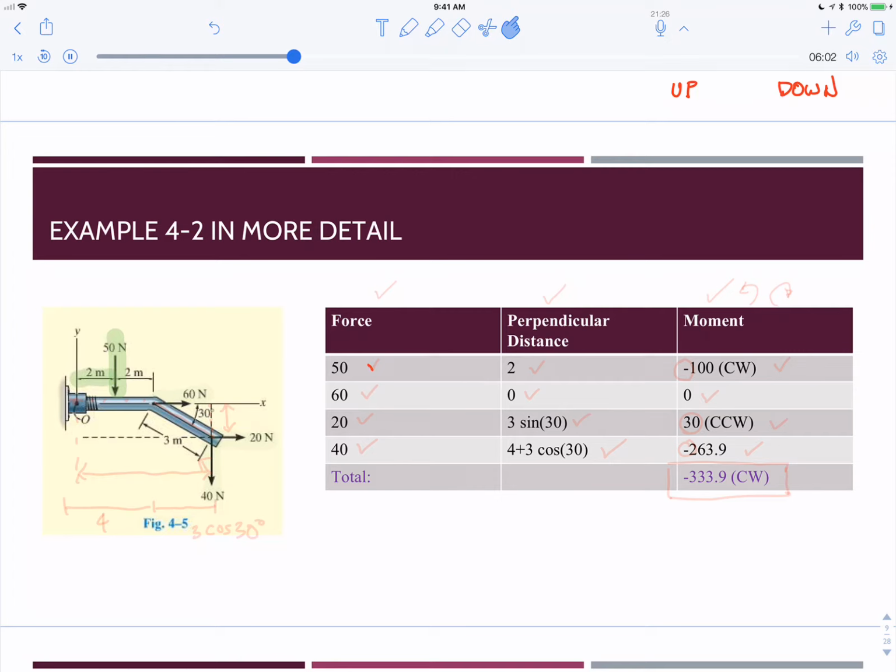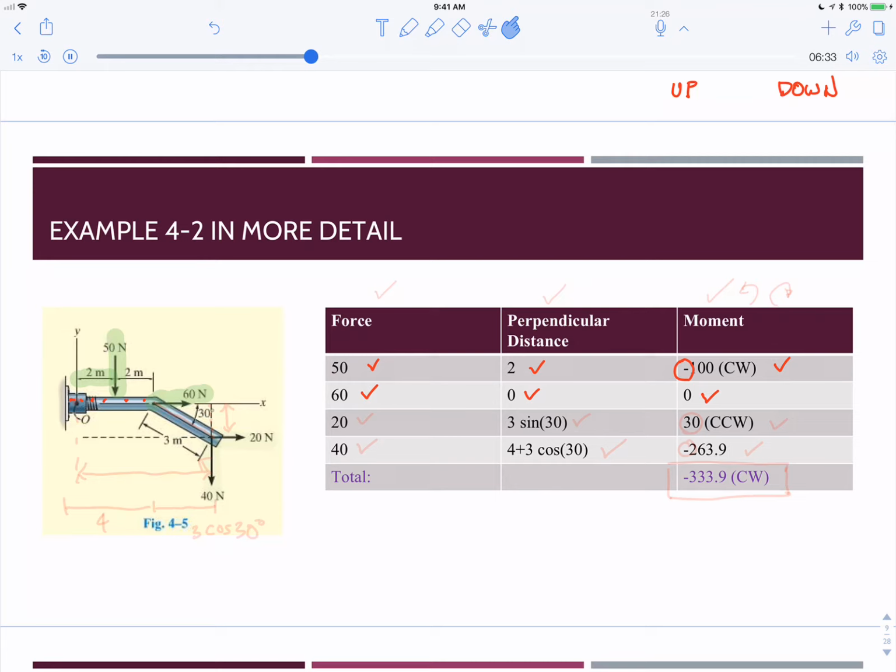We have force of 50, distance of 2, so a moment of 100, and it's going counterclockwise around the origin, so it has a negative. Next, we have this 60 newtons. Its perpendicular distance to the origin is 0. It goes right through the origin. It has no perpendicular offset. The force is 60. The perpendicular distance is 0.